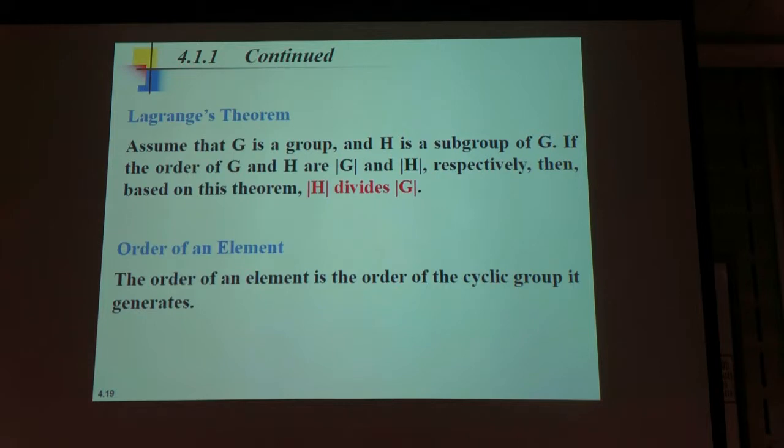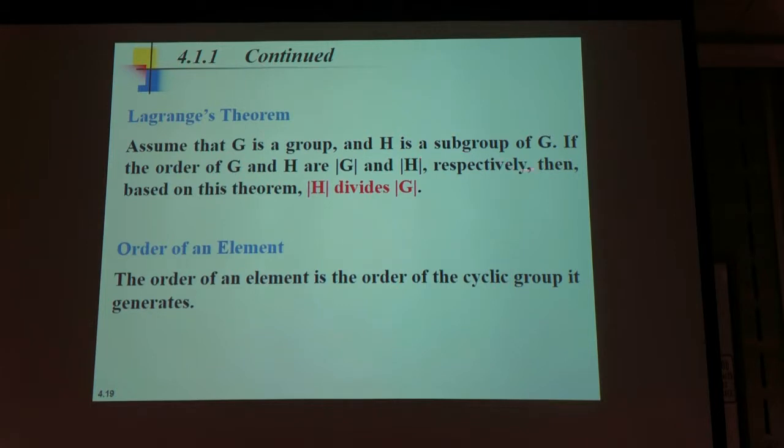So Lagrange theorem. What does it say? It says, assume that G is a group. Clear? A group. What is a group? It has 5 conditions and has a finite set of elements, right?